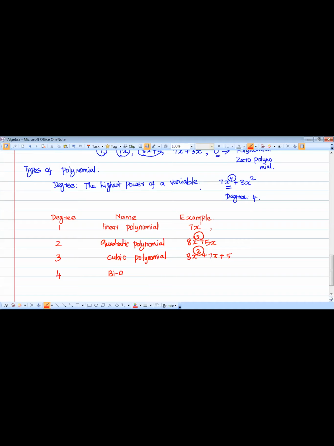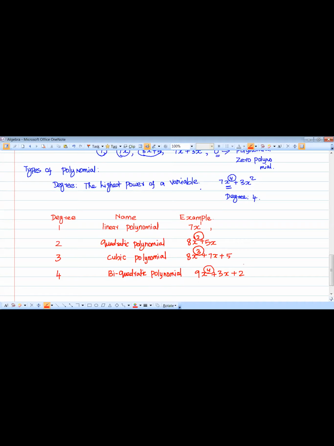Biquadratic polynomial, for example 9x power 4 plus 3x plus 2. See the degree, what is the degree? Power 4. So that's why it is called biquadratic polynomial.